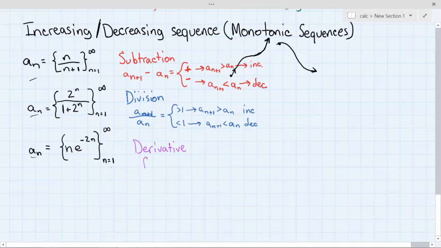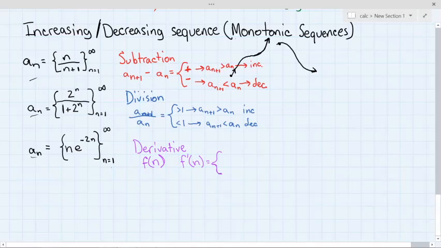But the way you do it is you would convert your sequence into a function with respect to n, and then you would take the derivative of that function. And then you would compare the terms. You'll look at the signs of the terms, if each term is positive or negative.